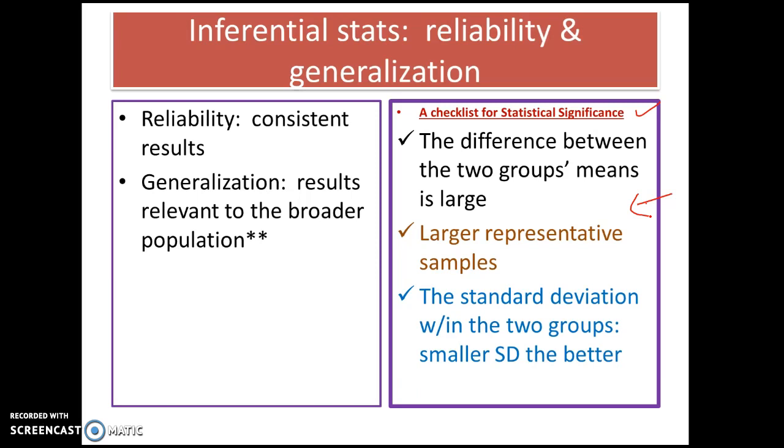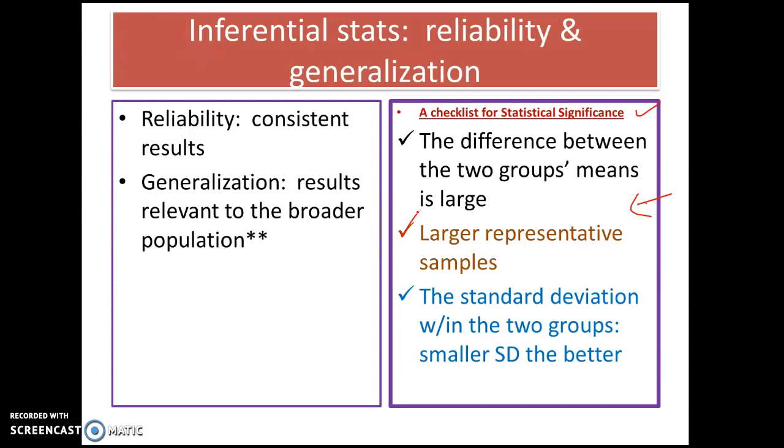Now, you still need to perform the t-test, the chi-square. We don't need to perform it, but one would still need to perform it to confirm statistical significance. But if you meet these criteria, if you can put these little check marks next to your data after you've done your statistical analysis of it, you are more likely, mark my words, to have statistically significant data.